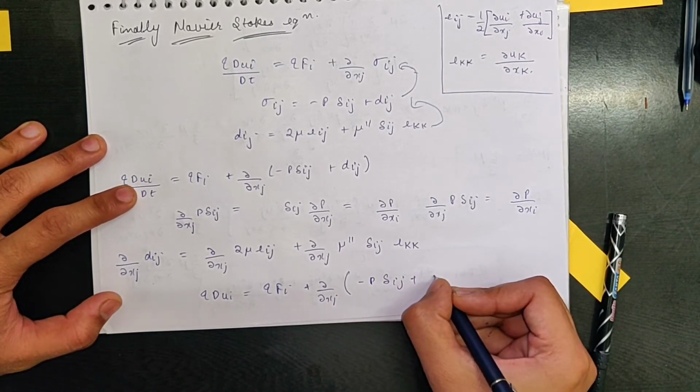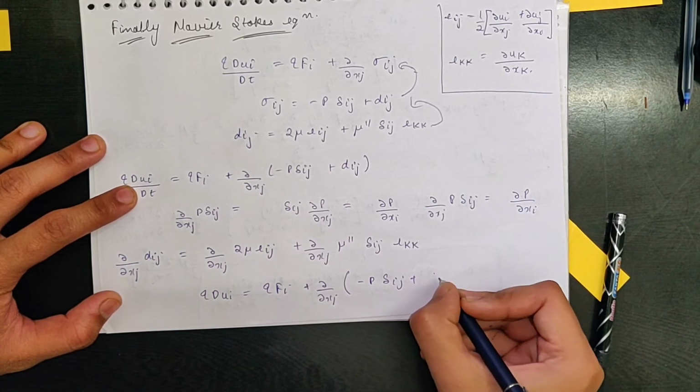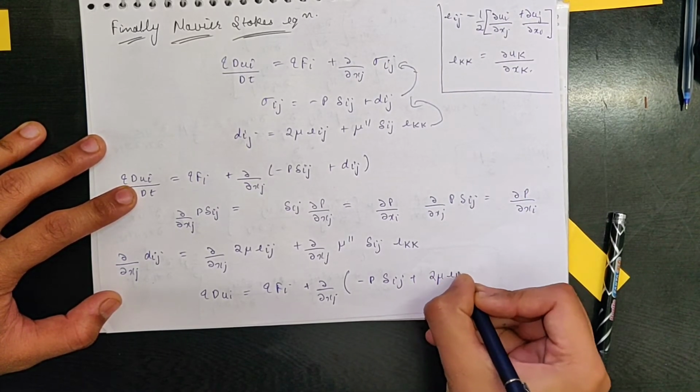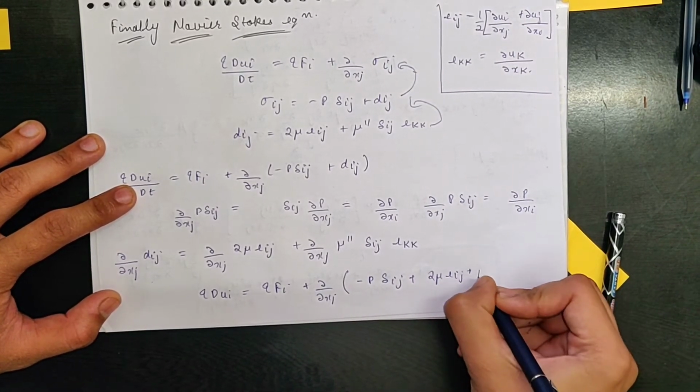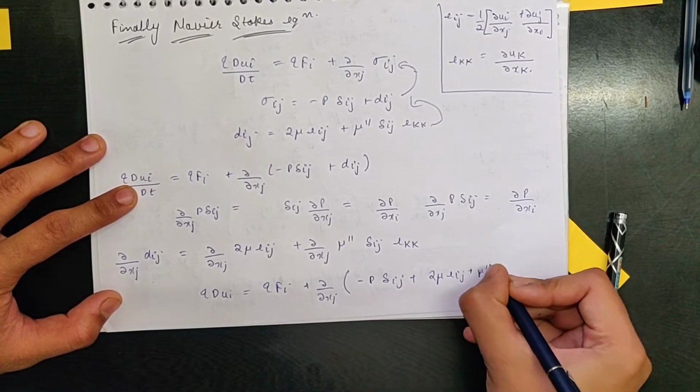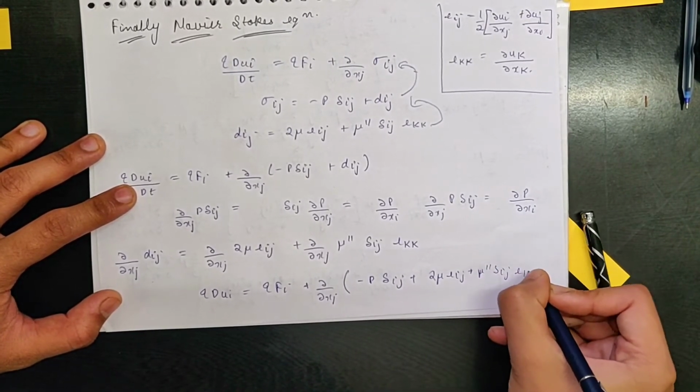Plus, what was dij, 2 mu eij plus mu double dash delta ij ekk.